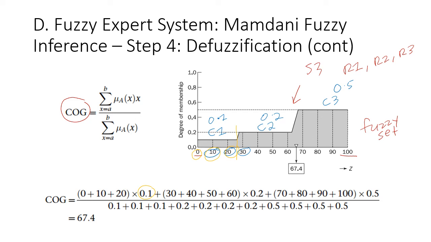Then we sum the values of 30, 40, 50, and 60 because they all fall under C2, and we multiply that with 0.2, and we add them together with 70, 80, 90, and 100 because these all fall under the set of C3, multiplied with the membership degree of 0.5.